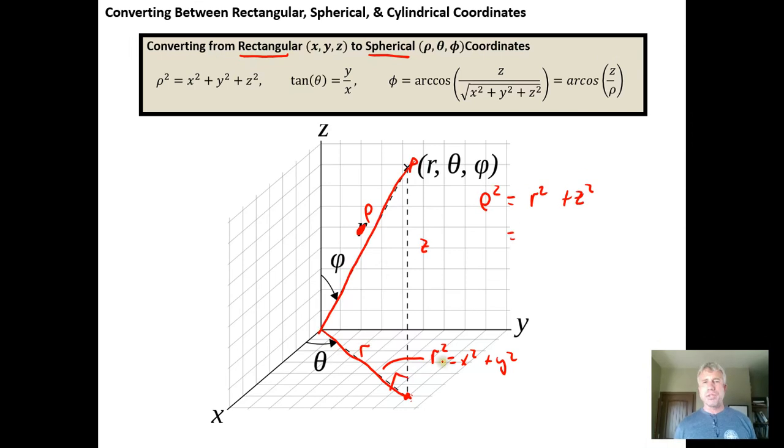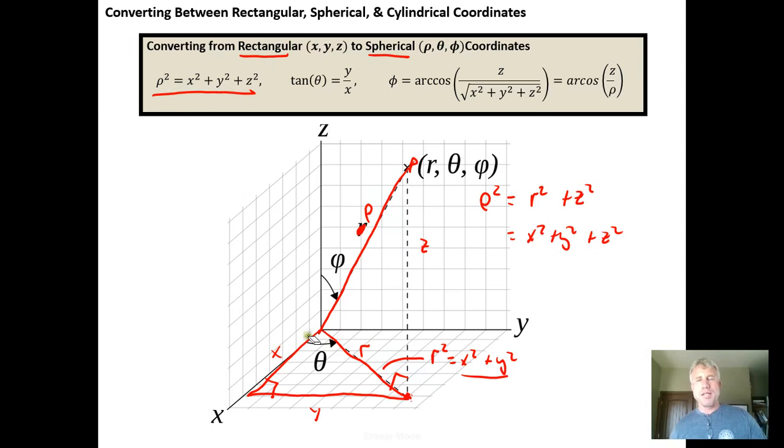But r squared, from previous work, we know is just going to be equal to x squared plus y squared. So we can replace the r squared with the x squared plus y squared, and then we get plus z squared. So this first relationship just comes to us directly from the Pythagorean theorem.